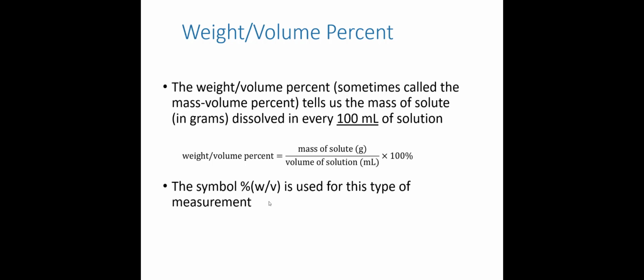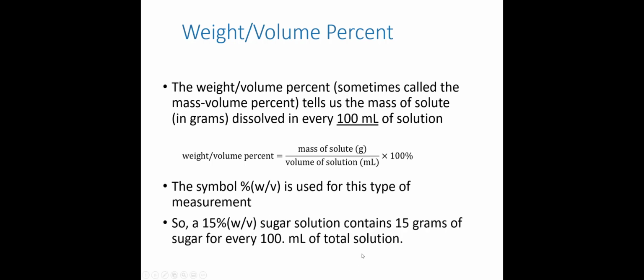To work with these, it's critically important that you understand what they mean in words. So let's do another example here. Let's say we had a 15% weight to volume sugar solution. That tells me that there are 15 grams of sugar for every 100 milliliters of the solution. So you'll notice the denominator in one of these percents is always every 100 milliliters of solution.